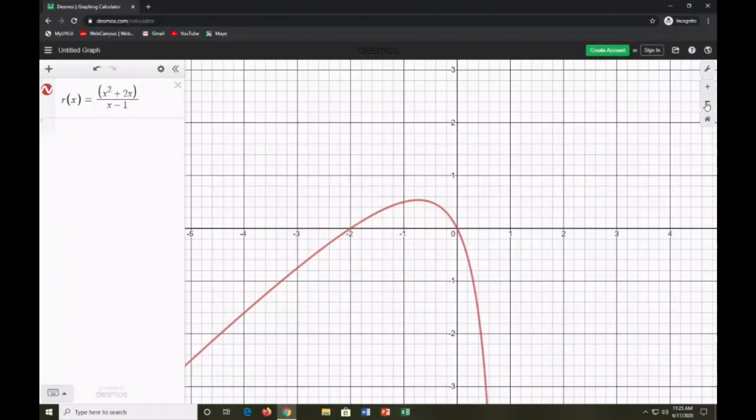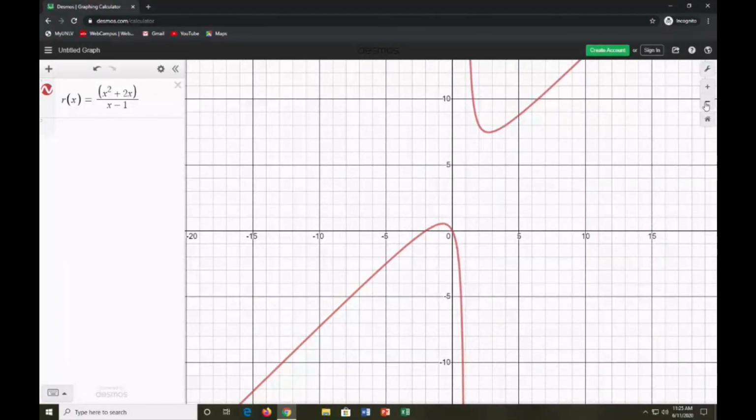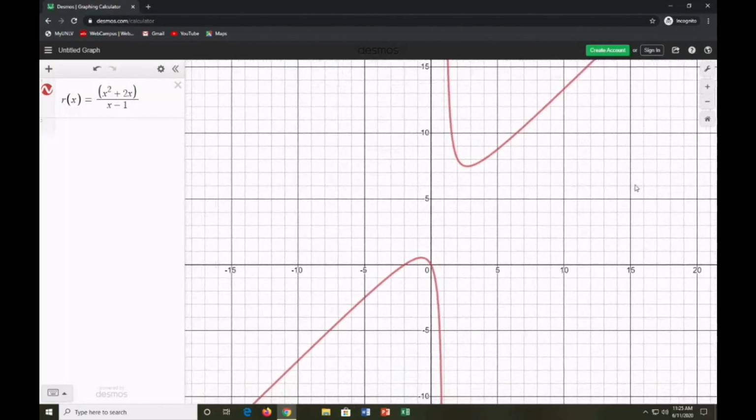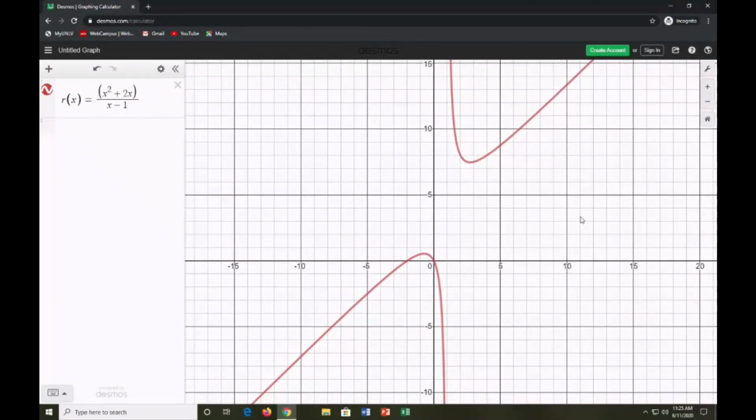Let me zoom out. Right there. There is the second piece. Do you see that? So that's both pieces of this. But let's plot our asymptotes first, and then we'll plot the intercepts as well. So the vertical asymptote is easier. x equals 1 right there, right?